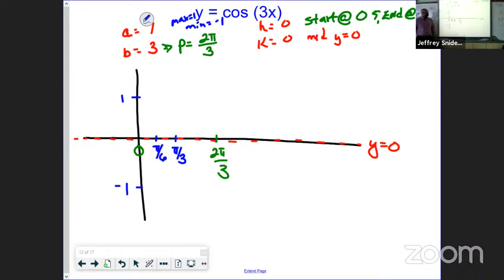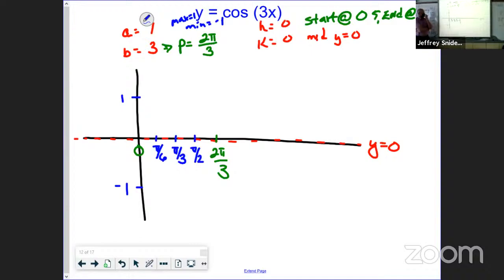Where's this one going to be at then? Pi over 2. So look, 1 pi over 6, 2 pi over 6, 3 pi over 6, 4 pi over 6. They're all going to be perfect.